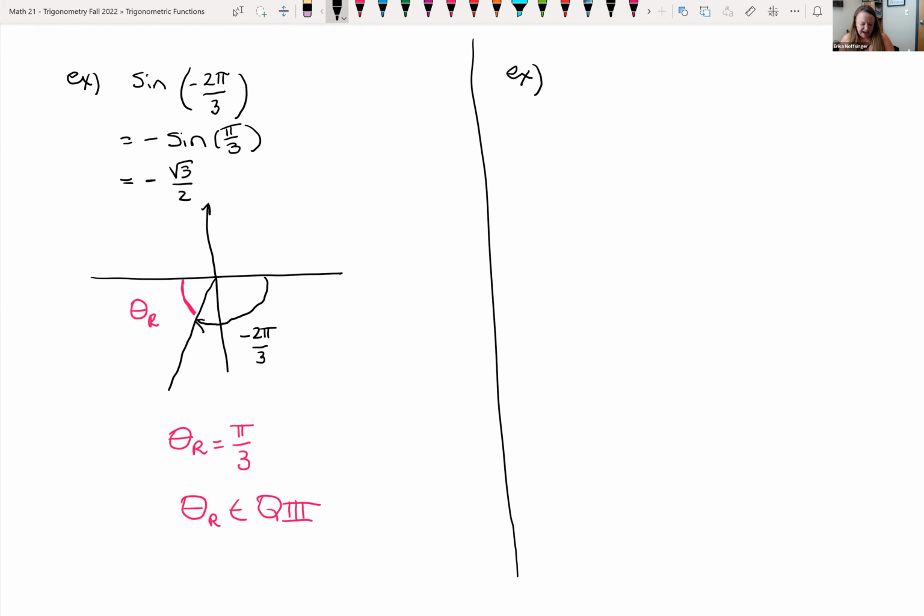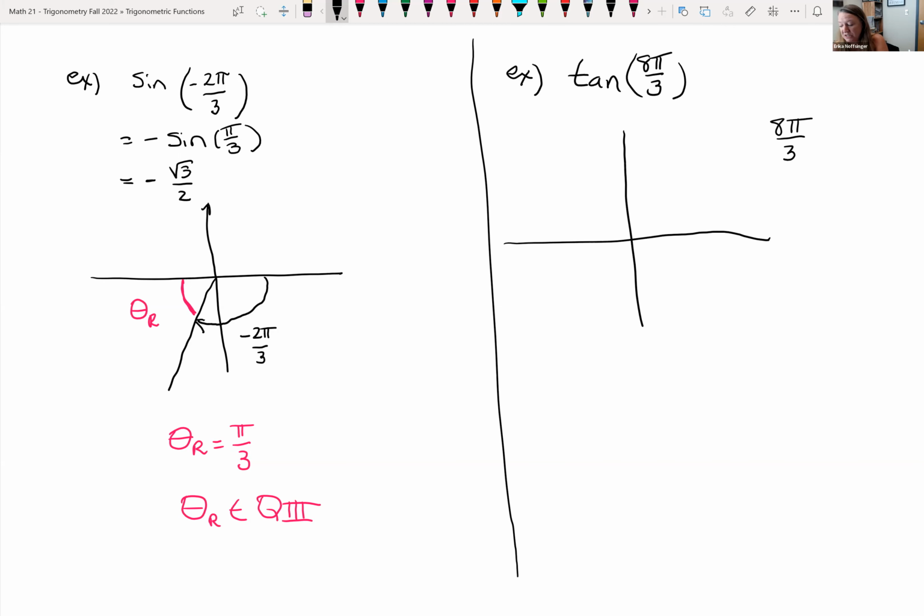So if we were looking at tangent of 8 pi thirds, so we want to first graph 8 pi thirds. Well, I notice that 3 goes into 8 2 times.